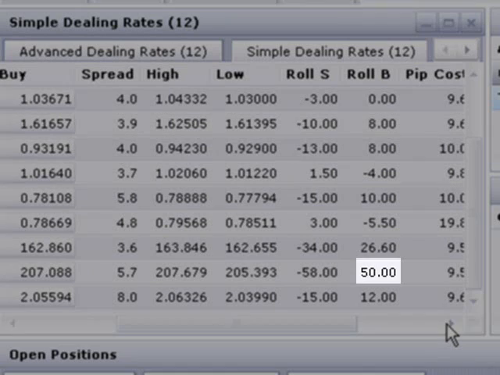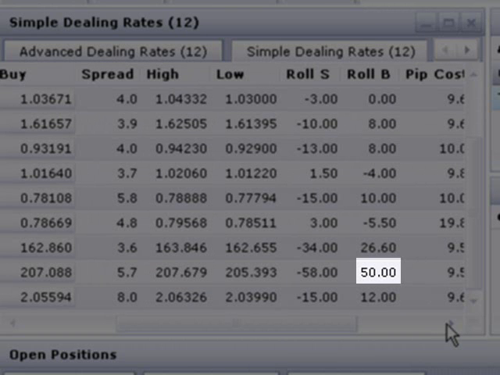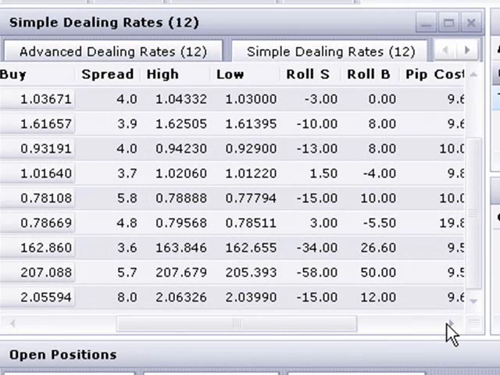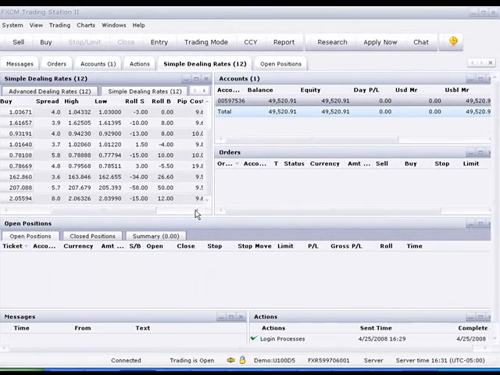Since I'm buying, I would look in the Roll B column, where I would see that for holding this position past 5 p.m. New York time, I would earn $50 per contract. Since I'm trading 2 contracts, I would earn $100.